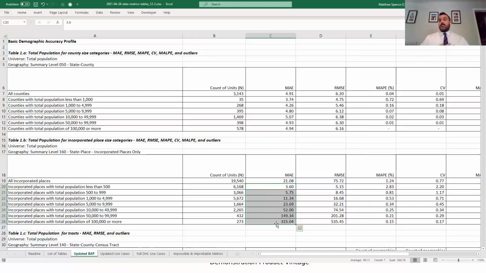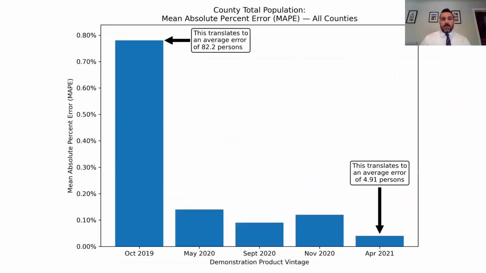So they will have this impact. But again, when you think about it in terms of the relative error, the MAPE, you can see that it's going down. It goes from 2.8 for those smallest places of fewer than 500 people to 0.15 for the places with the largest population.